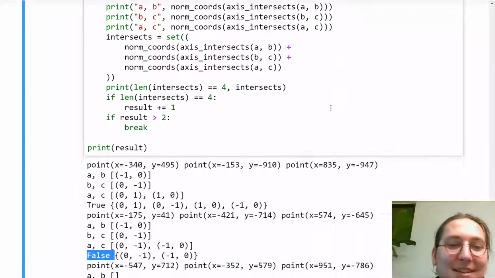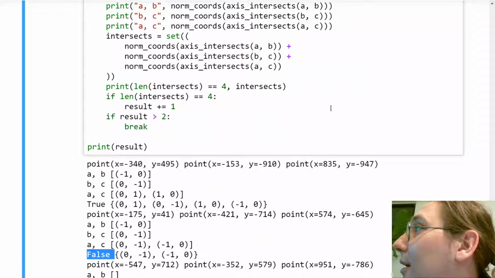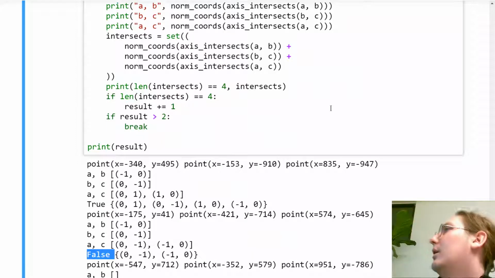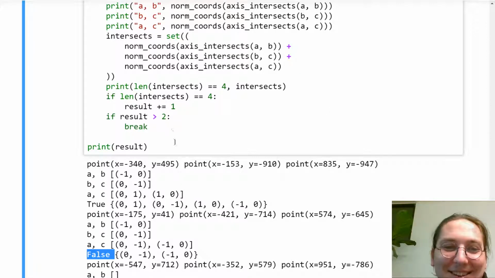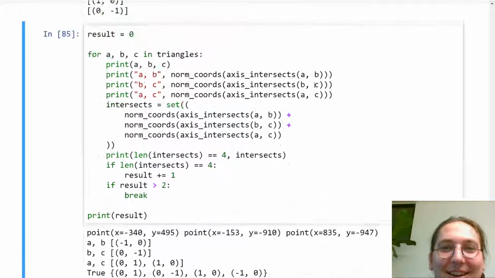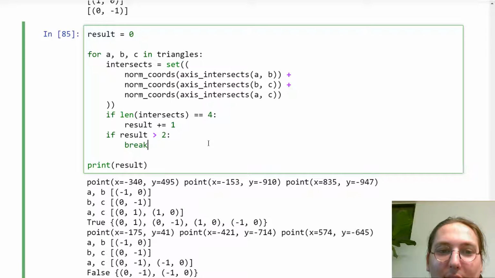But see, why this one is here and this one is here shouldn't be counted, because there's one axis missing, and it's false. Okay, then I guess let's try again.